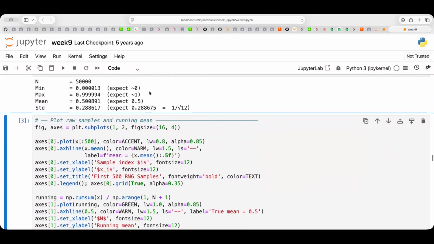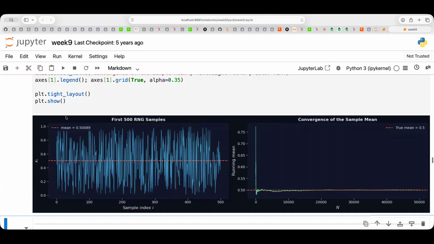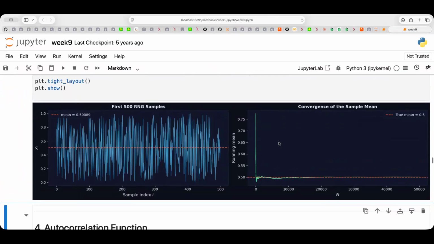So this is roughly what we just calculated, the sample mean and the sample standard deviation. So it should be actually 1 over square root of 12, which is this one, and you see that you don't get exactly that one. Then you can make plots here, you can see the convergence of the samples.